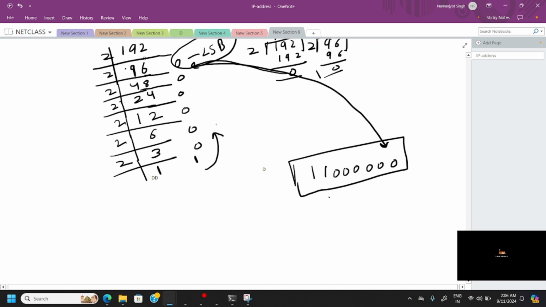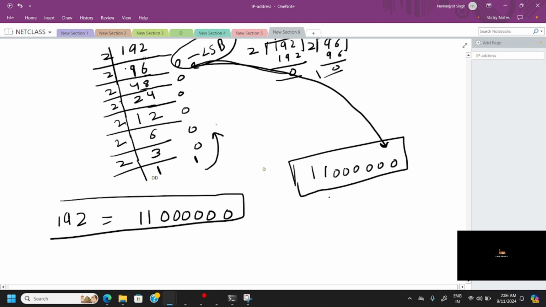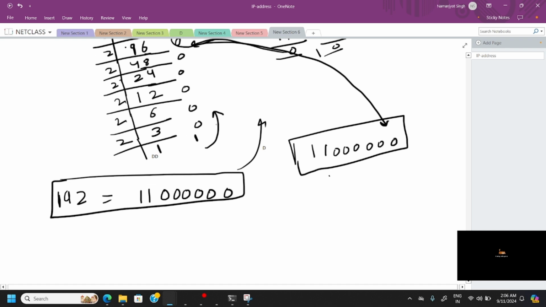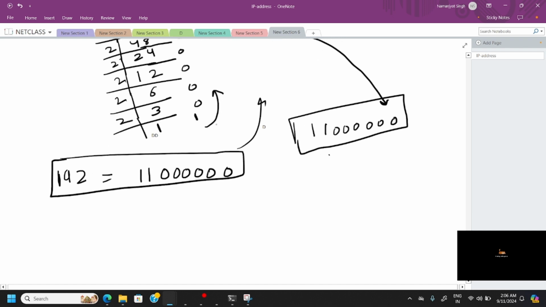Simple, I hope you get it. You represent 192 by 11000000. It is simple as that. You learn how to represent a decimal in binary, and IP address is all about this.